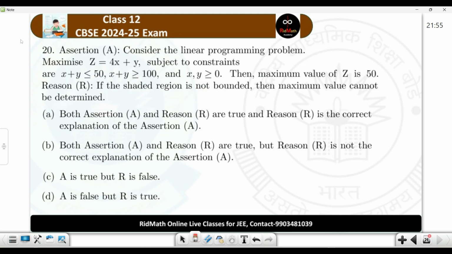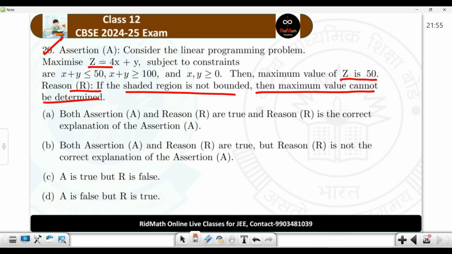Next problem, question number 20. Assertion: consider the linear programming problem. Maximize z equal to 4x plus y subject to the constraints. Then the maximum value of z is 50. Reason: if the shaded region is not bounded, the maximum value cannot be determined. Okay, let us check.